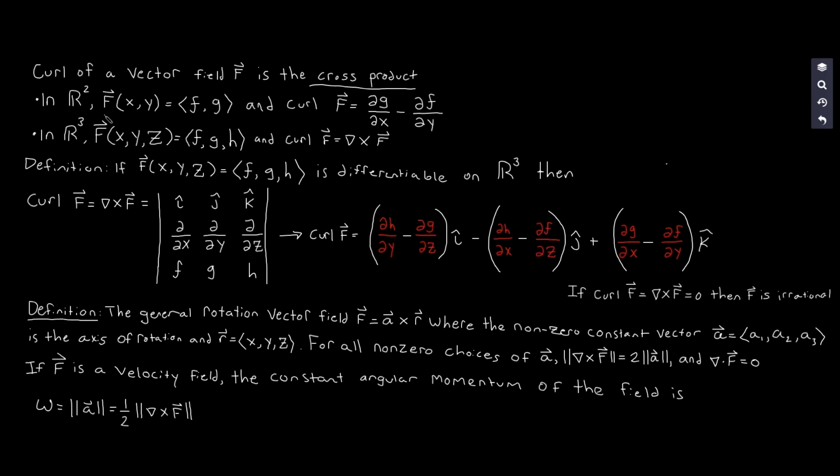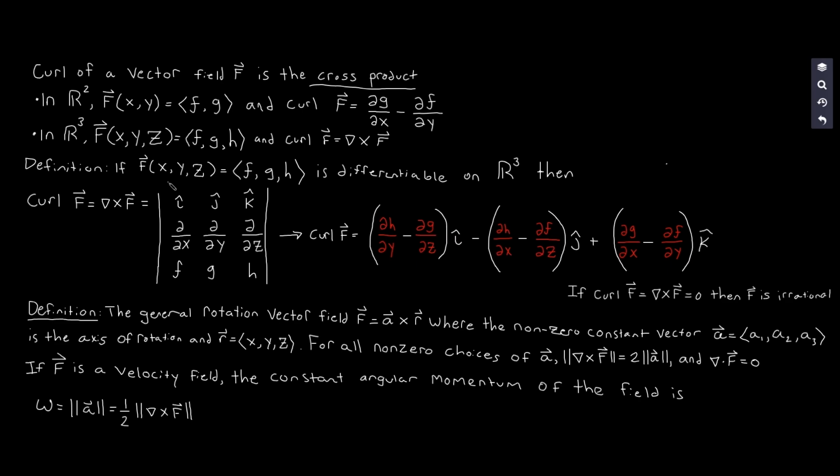In R2, vector f of x and y equals f and g, and the curl is found by taking the partial derivative of g with respect to x and subtracting the partial derivative of f with respect to y from it. Now in R3, vector f of x, y, and z equals f, g, and h, and the curl is found differently. It's found by taking the gradient and crossing it with vector f.